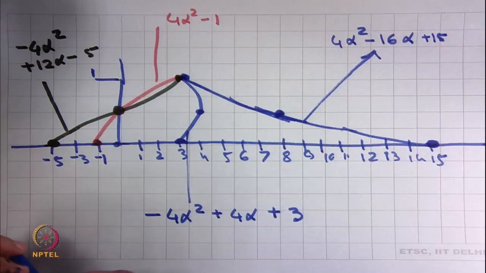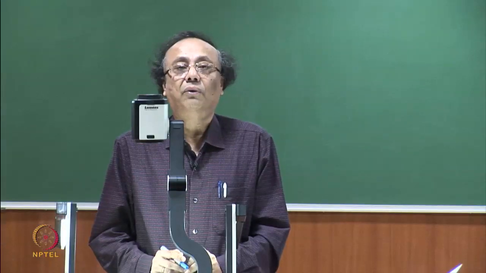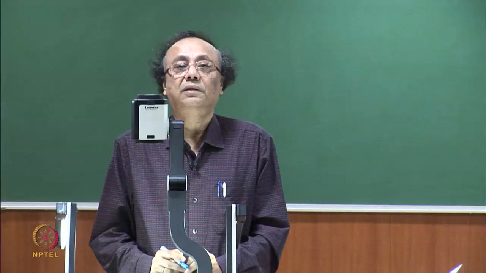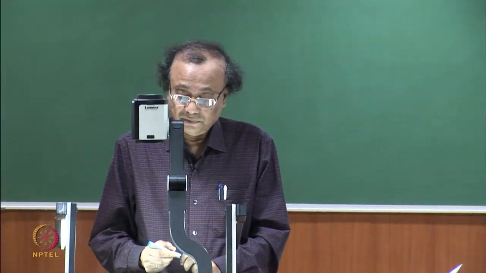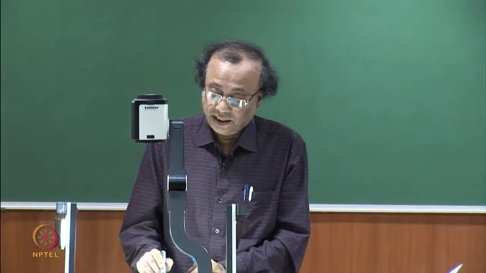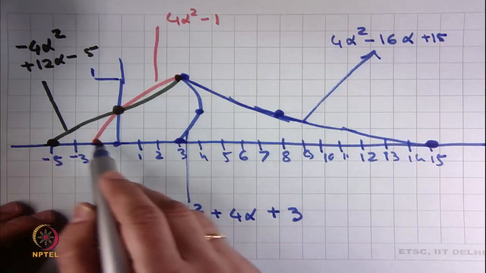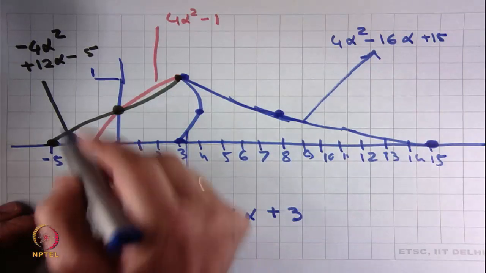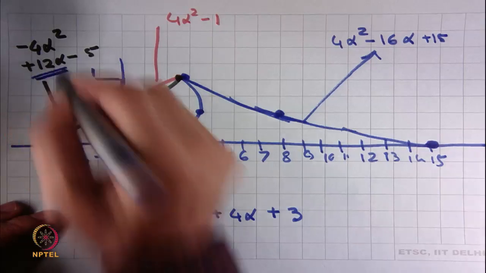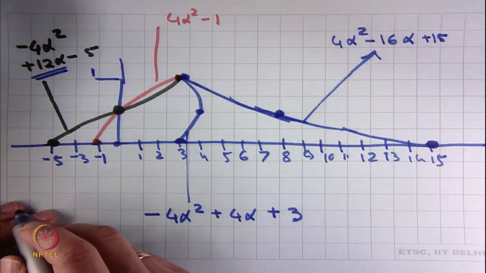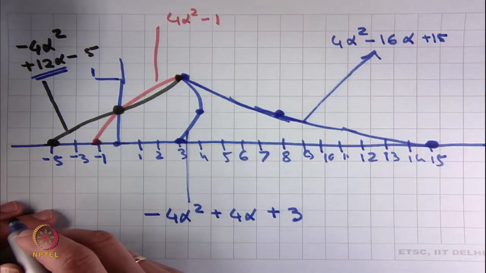Therefore, what is going to be the minimum? We can see that between 0 to half, the minimum is given by this function, minus 4 alpha square plus 12 alpha minus 5.